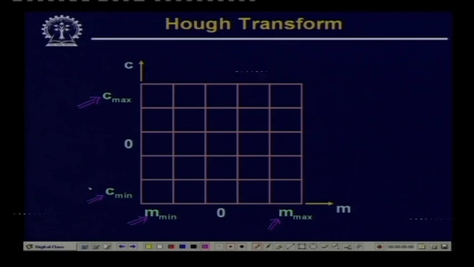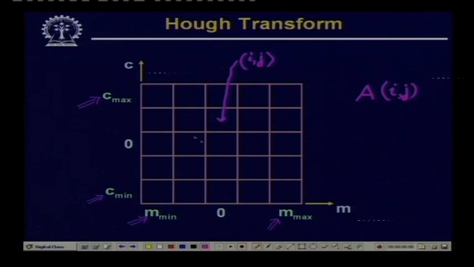And this two dimensional array, let us name it as an array A. Each of these accumulator cell locations can be indexed by, say, index i and j. So, I may call this cell location i j, and the corresponding accumulator cell will have a value, say A i j.